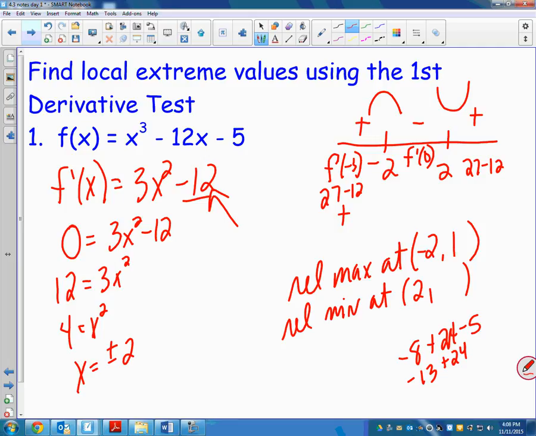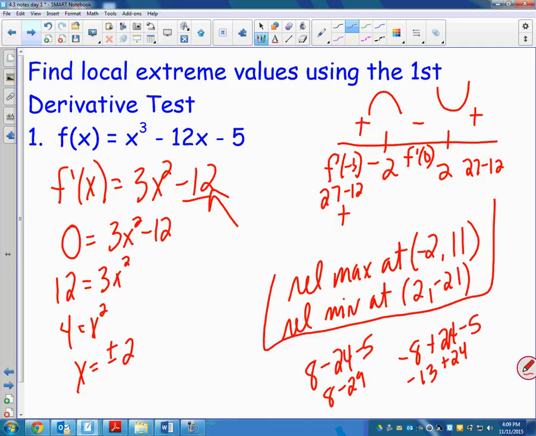Yeah, that would be 11. And if I plug positive 2 in, that would be 8 minus 24 minus 5, or 8 minus 29, which would be negative 21. I'm not promising my arithmetic is always correct, but that's what we can say using the first derivative test.